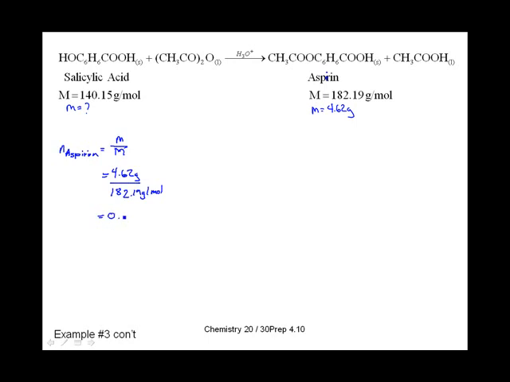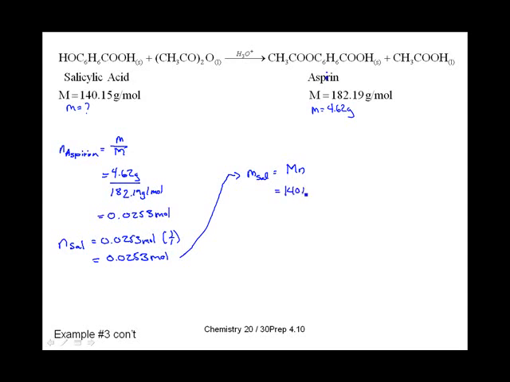So the number of moles is 0.0253. Now we can find the number of moles of salicylic acid, which is going to be 0.0253 moles times our mole ratio, which is 1/1, so the number of moles doesn't change. But we always write down that mole ratio so that we know we've used it. Now we can find the mass. The mass of salicylic acid is going to be molar mass times moles.